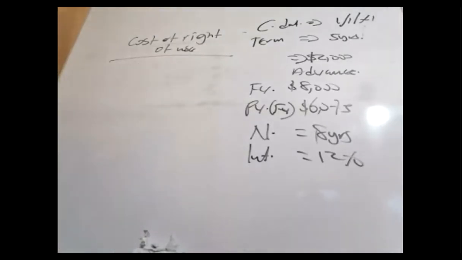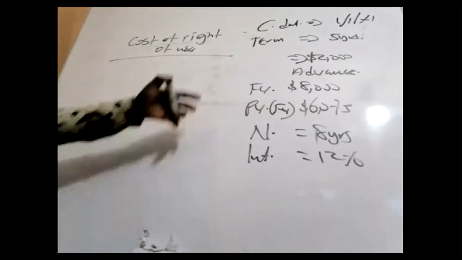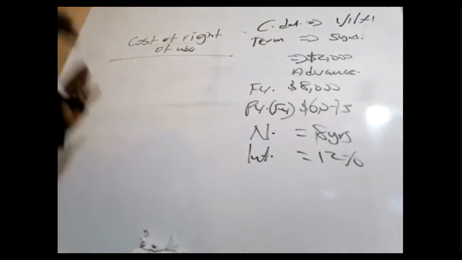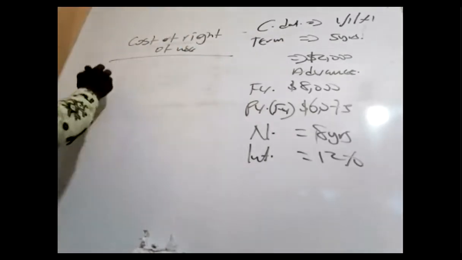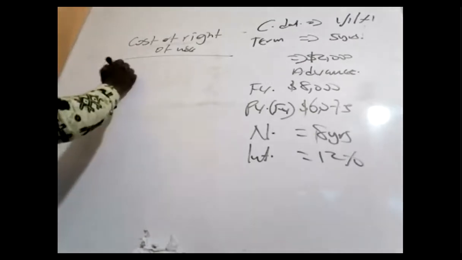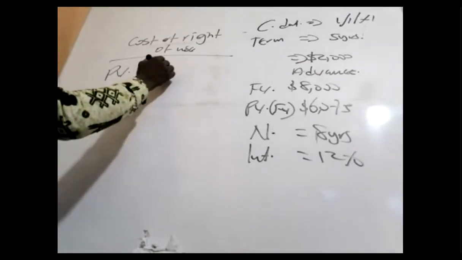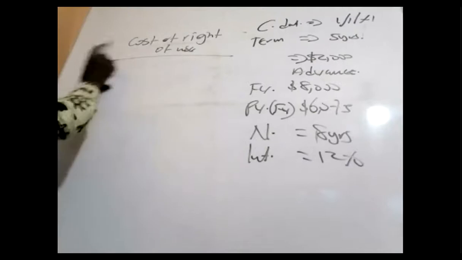First, we say the present value. Thank God there is no direct cost and no lease incentive. So it goes straightforward. So present value of future payments. We can start with the initial payment.